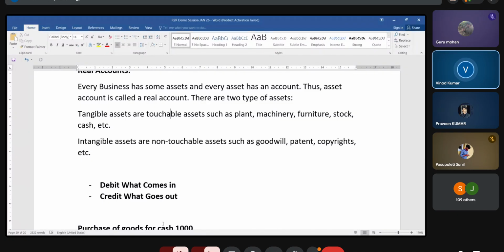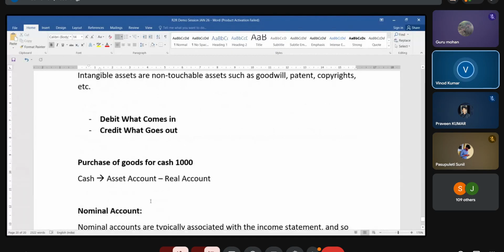Goodwill is also an asset to the company. Patent rights, copyrights. Can we see goodwill? Can we touch it? No, but there is a value, and that is called an intangible asset. So whether it is tangible or intangible, the rule is the same: debit what comes in, credit what goes out.